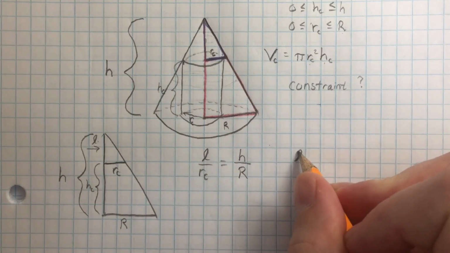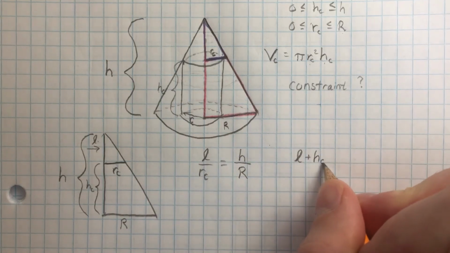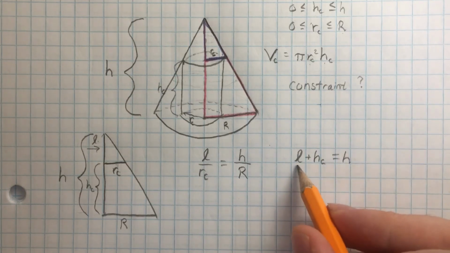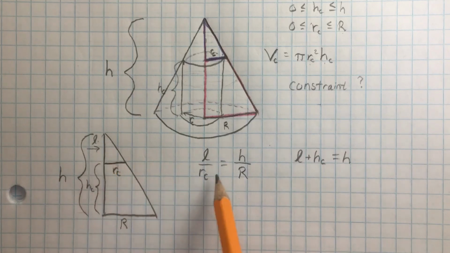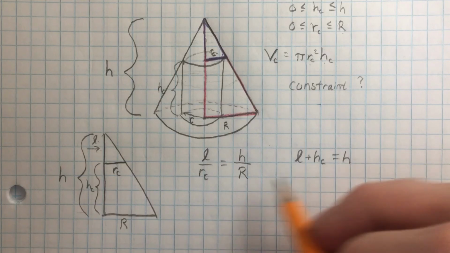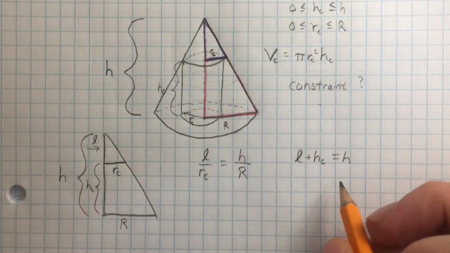Now L here, what is L? We know that L plus height of cylinder is height of cone. Now I can solve for L, because I just introduced L for the sake of the proportionality argument. I really didn't want to talk about L per se, but I had to because of the way the proportionality was working out.